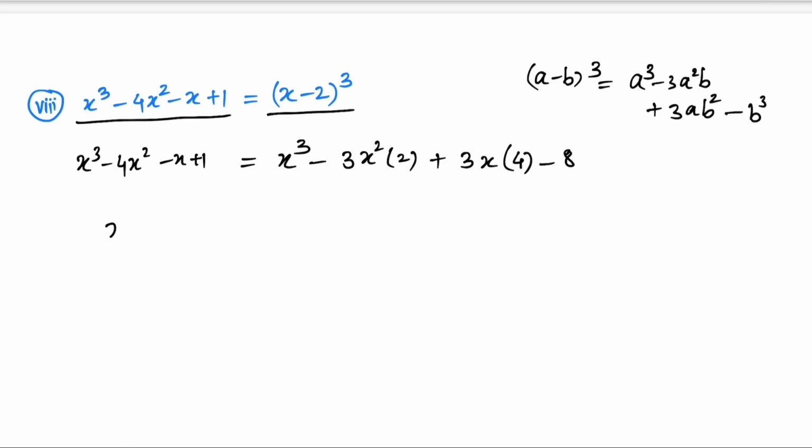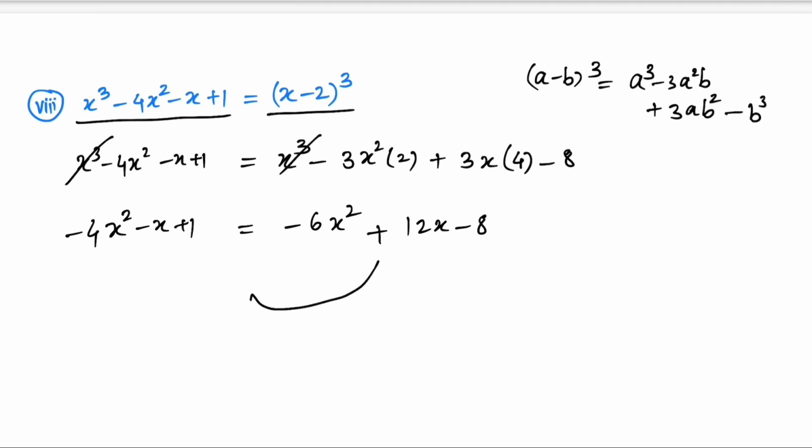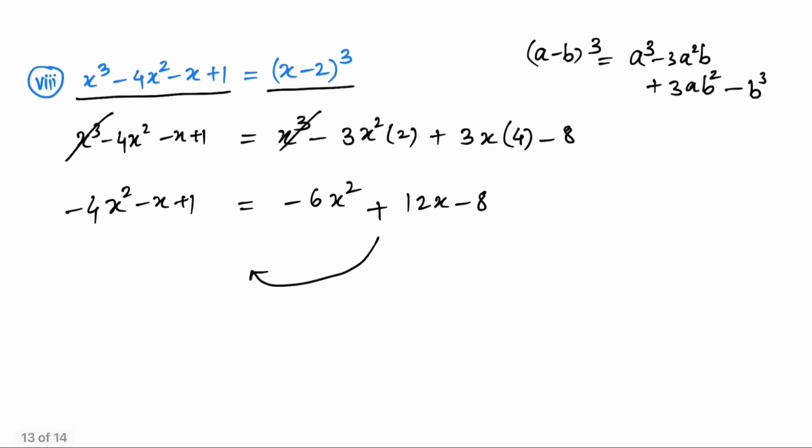So the next step is we can cancel this x cube, right. So we have minus 4x square minus x plus 1 is equal to, this is minus 6x square plus 12x minus 8. Now we can transfer all these terms here. So we have 6x square minus 4x square minus 12x minus x plus 1 plus 8 is equal to 0, right.